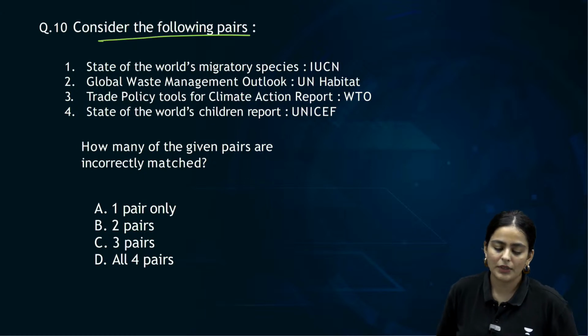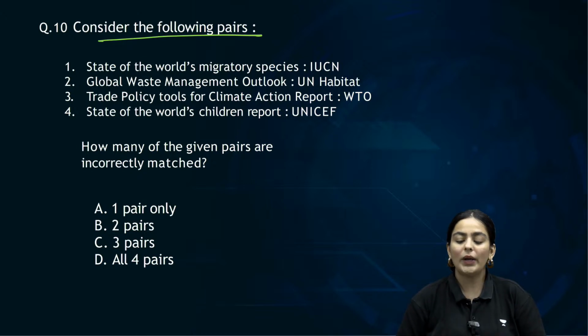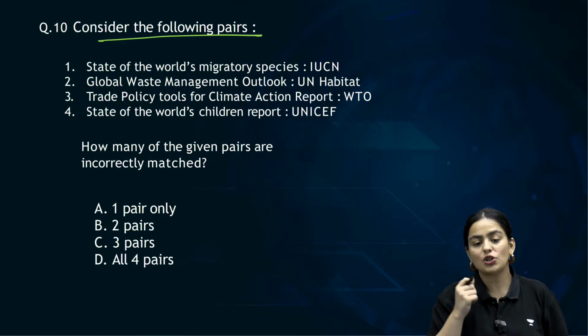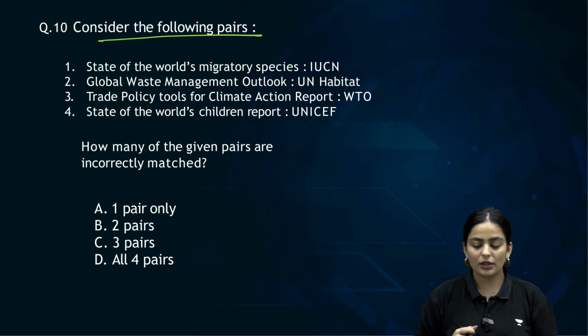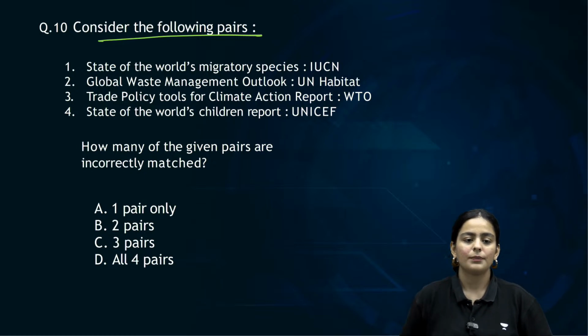Consider the following pairs. Next question, everyone. State of the World's Migratory Species, Global Waste Management Outlook, Trade Policy Tools for Climate Action, and State of the World's Children Report. It's important. How many of the given pairs are incorrectly matched?